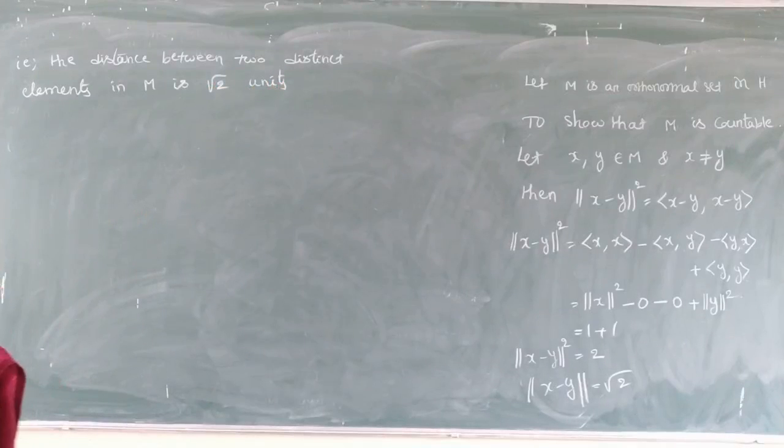Okay, that is, neighborhoods Nx of x and Ny of y of radius root 2 by 3 are disjoint.